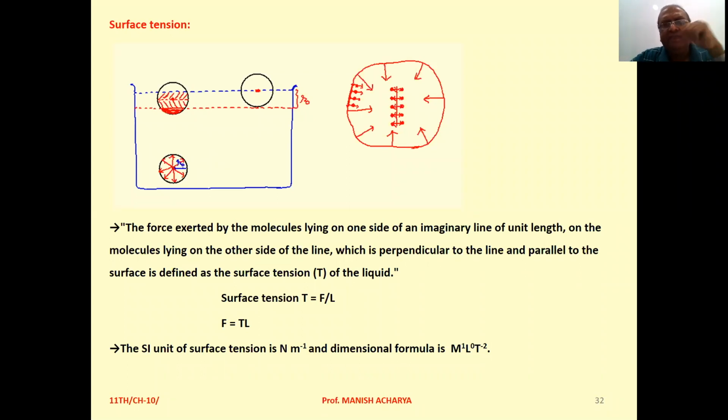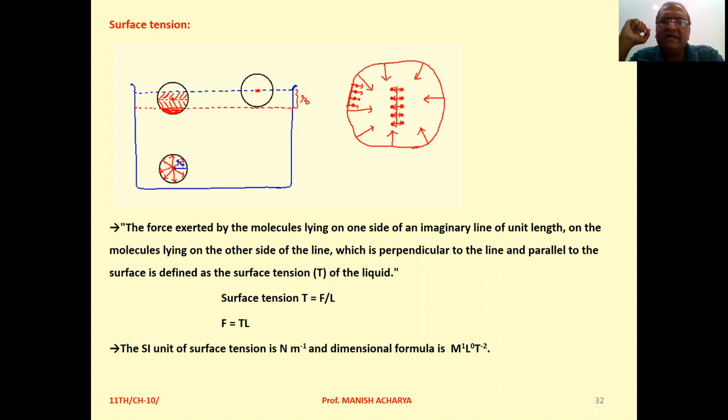Now see, suppose we think about any molecule which is inside the liquid. Between molecules there is an attractive force, meaning one molecule attracts another one. But this attractive force is not up to a large distance. This attractive force is up to a certain small distance.